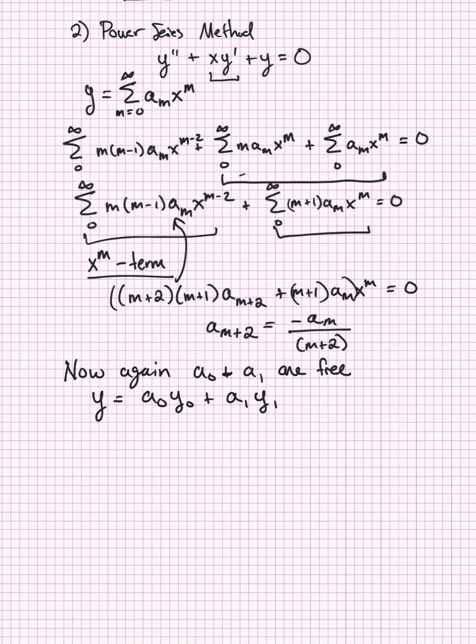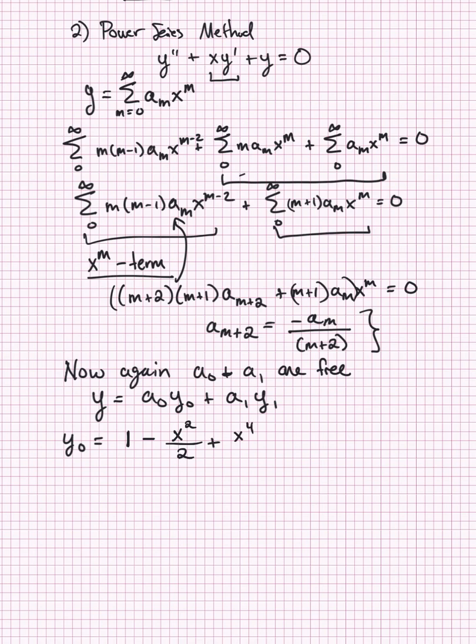Okay, so we get where y0 is equal to 1. And remember now we're setting a1 to be 0 for y0, and then the recurrence relation is going to guarantee that every single odd term for y0 is going to be 0, just because we set a1 to be equal to 0. Okay, so we have 1, and then we get minus x squared over 2.